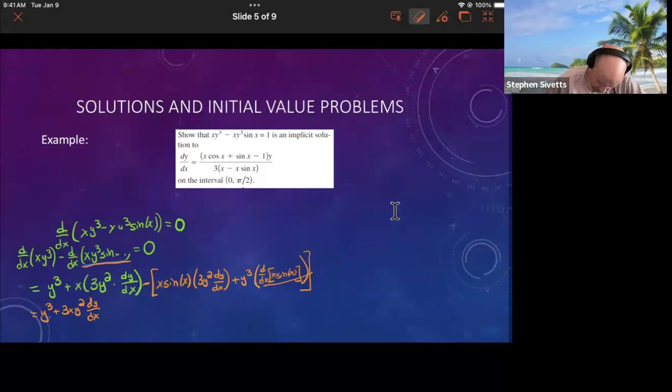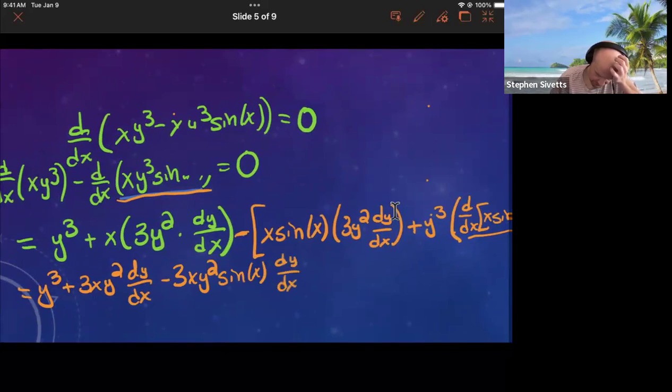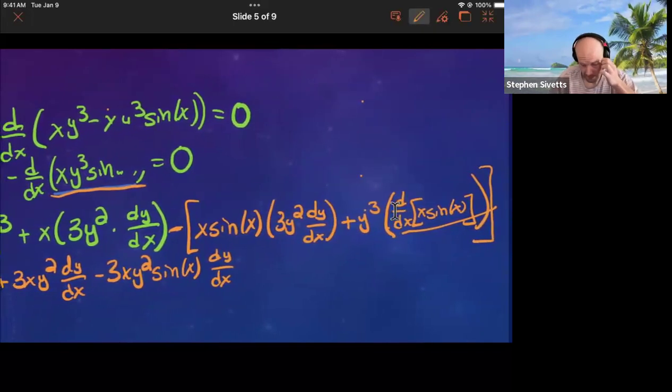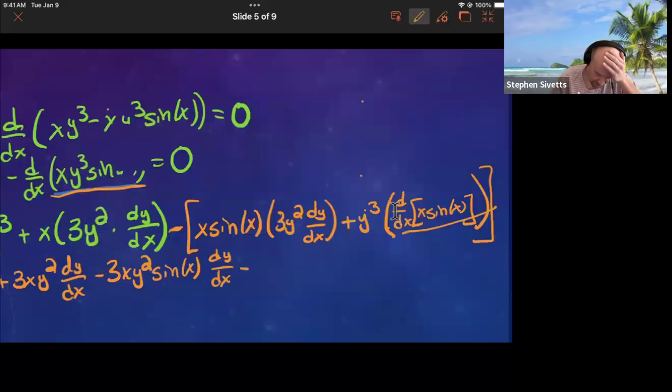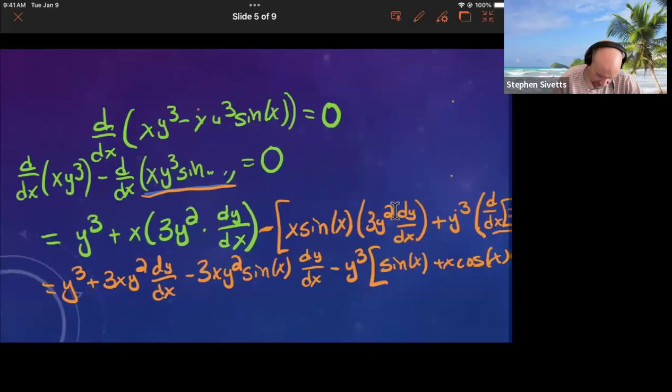I'll have 3x y squared sine x dy/dx, and then I'll have a minus y cubed times sine x plus x times cosine x. Okay, that's plus cosine x.